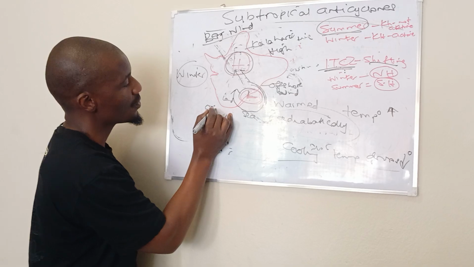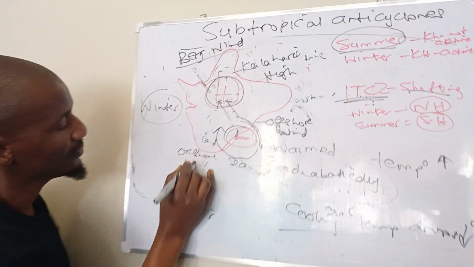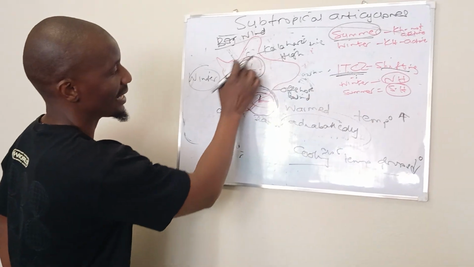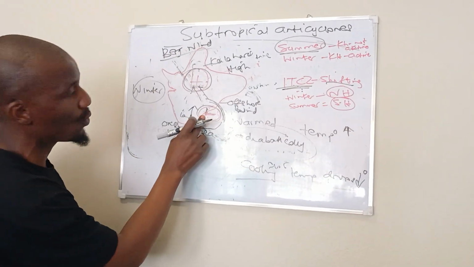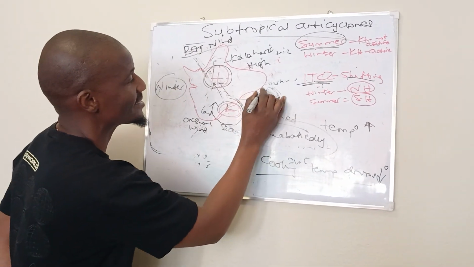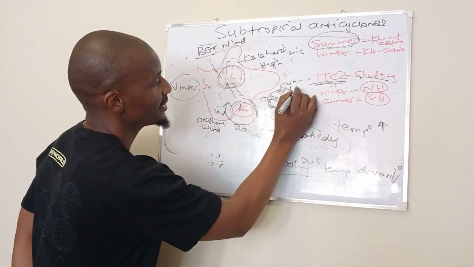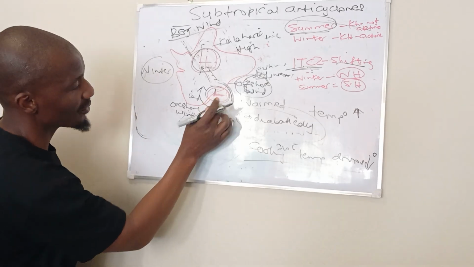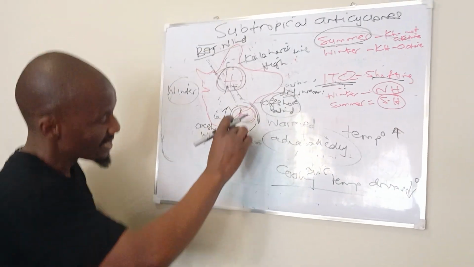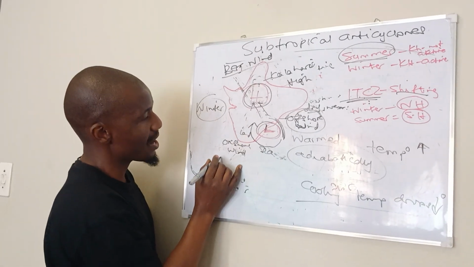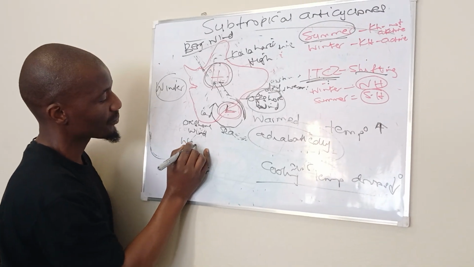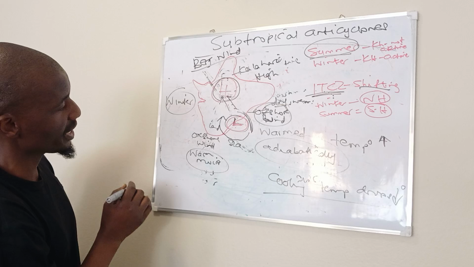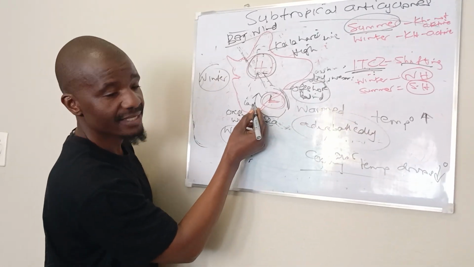We call it the onshore wind. The offshore wind blows from the interior, your Kalahari High, towards the coastal low. It's dry and warm. Here, when it's blowing from the sea towards the land, it is warm and moist.